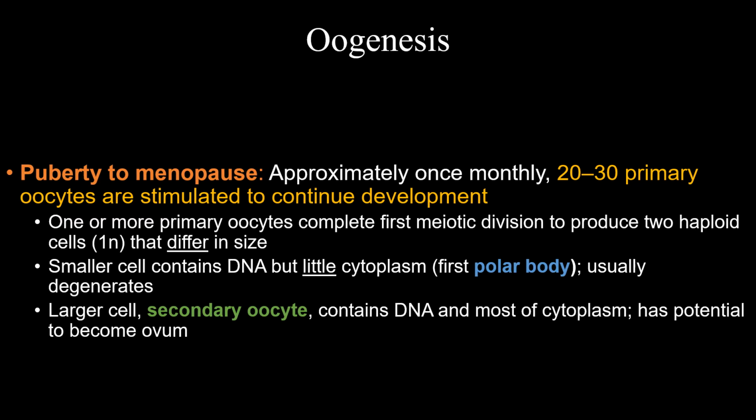This extra cytoplasm in the secondary oocyte ensures that if it is fertilized, it will have adequate nutrients for its 4 to 7 day journey toward the uterus. And the large amount of cytoplasm is also the reason why the secondary oocyte has the potential to become an ovum.